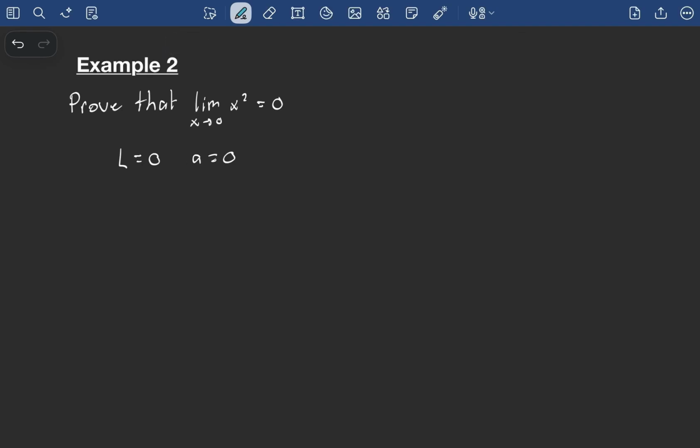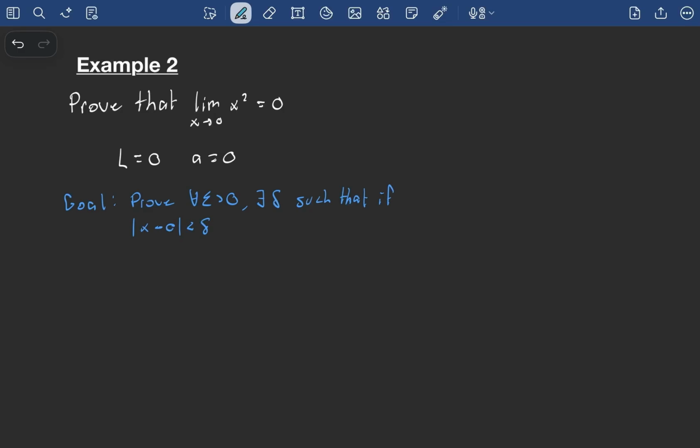So now we can write down our goal. Prove that for all epsilon greater than 0, there exists a delta such that if the absolute value of, well, x minus a, but a is just 0, so x minus 0 is less than delta.